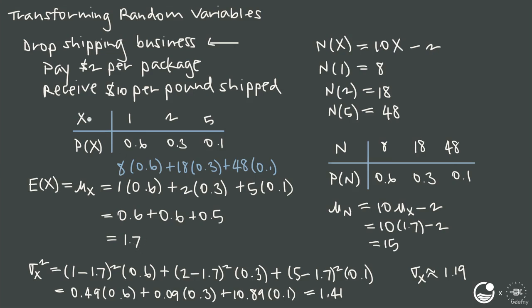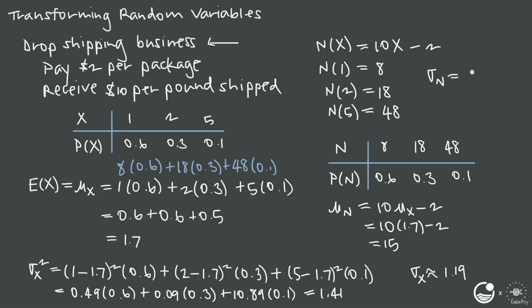And then the same thing goes for the standard deviation, except remember that standard deviation is only affected by scaling. It's not affected by shifting. So for the standard deviation of this new discrete random variable n, instead of plugging it in here to 10x minus 2 and replacing x with the standard deviation of x to say 10 times the standard deviation of x minus 2, we will ignore the minus 2 because the standard deviation isn't going to be affected by this shift of minus 2.